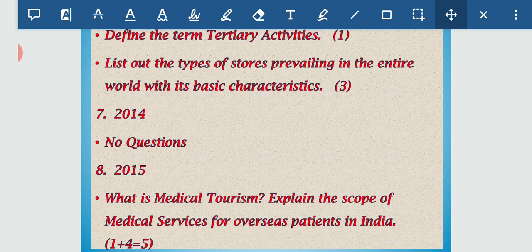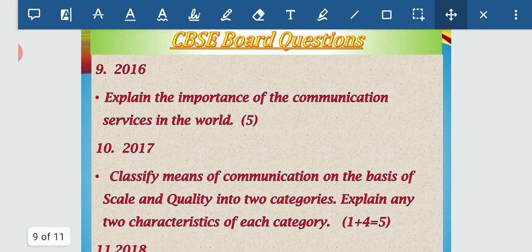Now next, 2016, explain the importance of communication services in the world. Communication is one of the important services. Why? It is just the same thing as the answer I discussed for the part of your exercise.